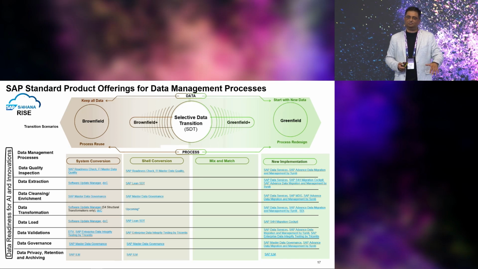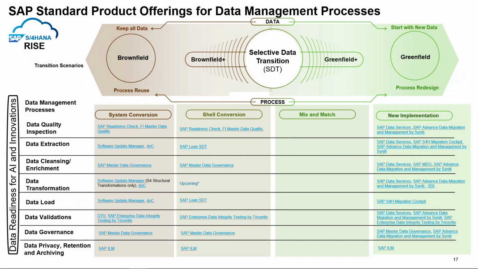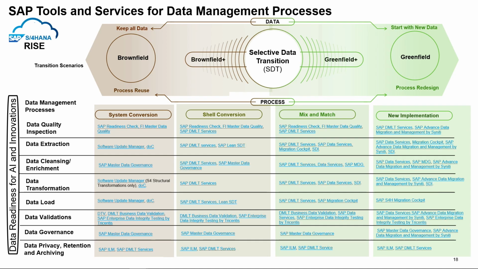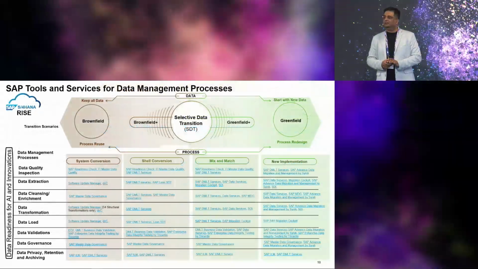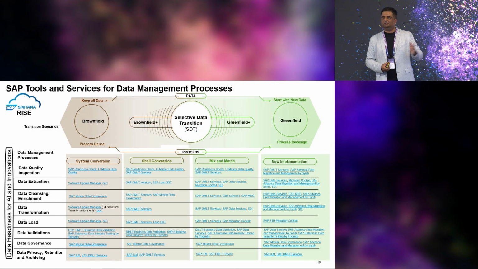These are all the standard capabilities SAP has, which you can use today for any of these scenarios. What we have in this slide is a complete combination of standard offerings plus professional services offerings, which SAP offers as a whole, considering all scenarios for all three transition options for S/4HANA.